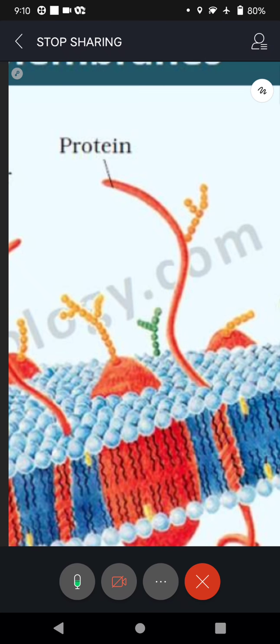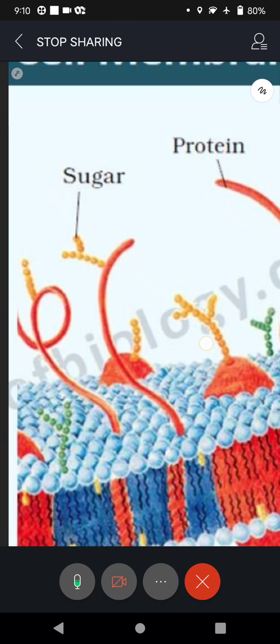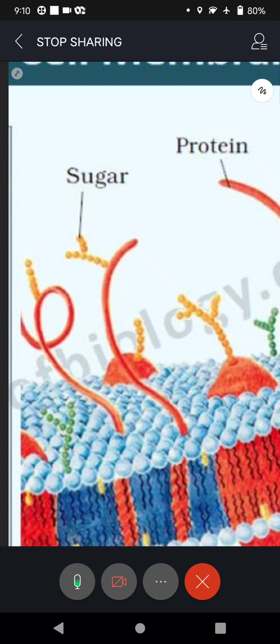So, the protein structure, just now we said, tail and head. And look at the sugar molecule. To that protein structure, sugar molecule is attached. Sugar is a carbohydrate. And that is the reason why I said that plasma membrane chemically is made up of all the three components.